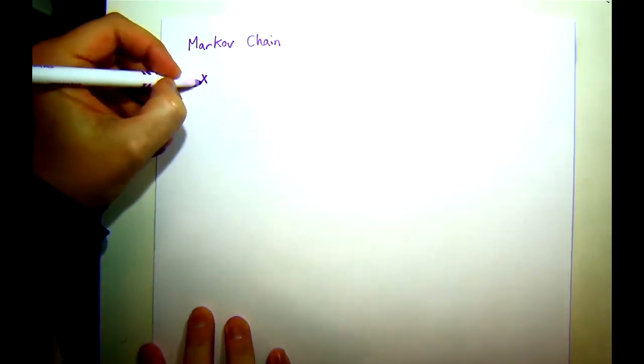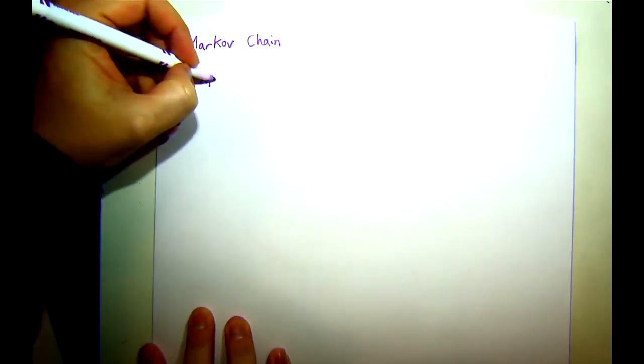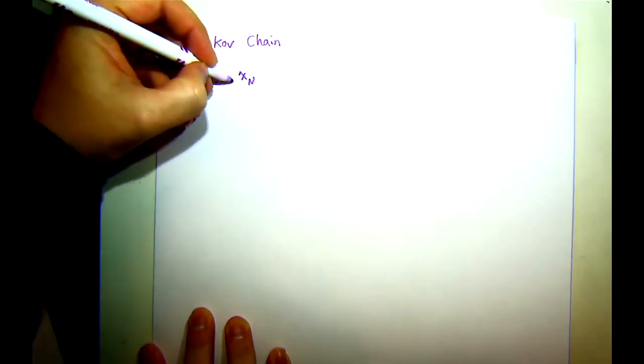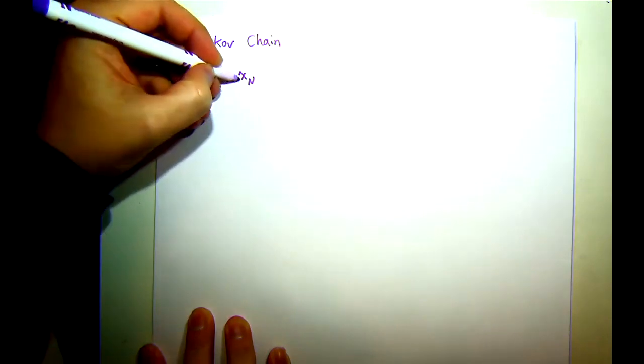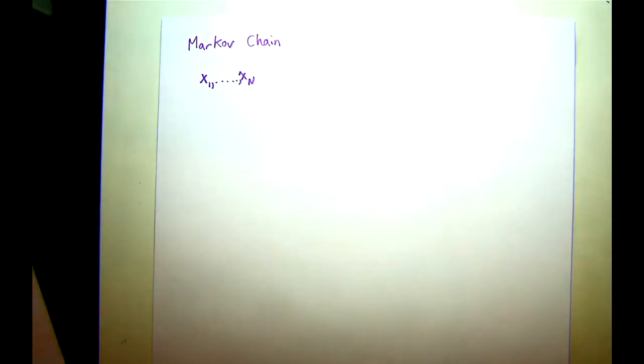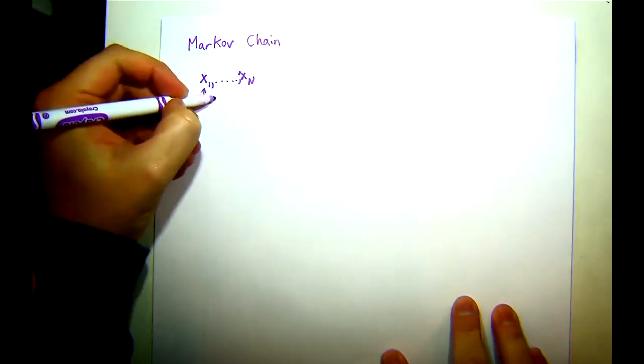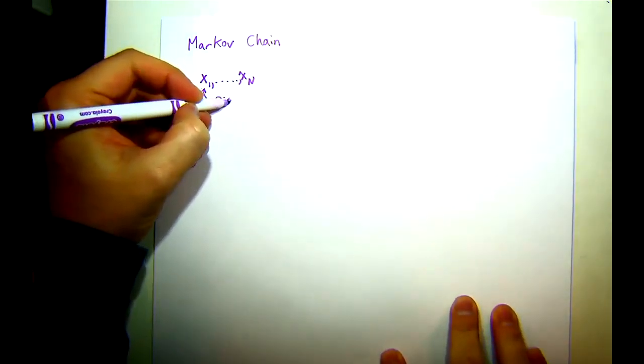A Markov chain, let me just set it up like this. If we have a sequence of values, x1 up to xn, and each one of these values is some sample from a random variable. We're only going to consider cases where we're talking about discrete values.